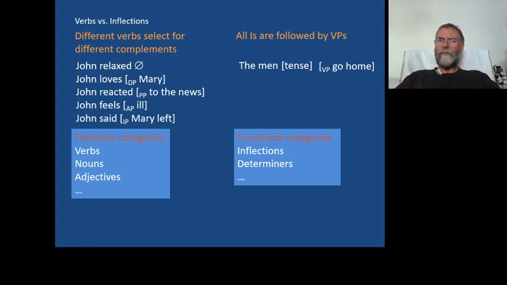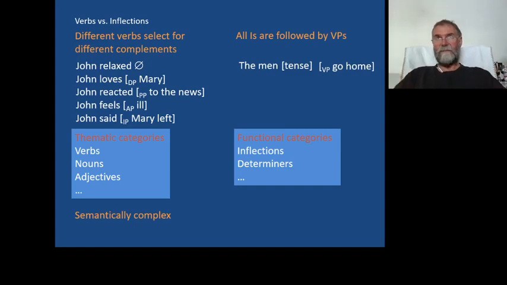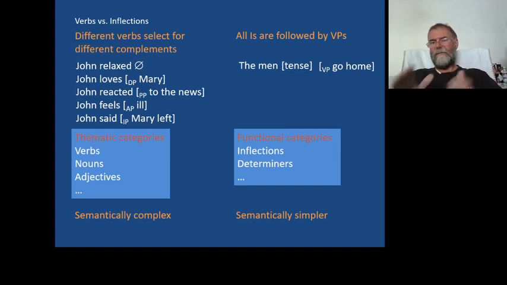It's therefore not surprising, given that thematic categories tend to be rather semantically complex because they carry this contentful meaning of sentences, that they need to have various kinds of complements in order to be able to express the meanings that they have. Whereas functional categories tend to be semantically much more simple and are particularly restricted to being associated with a particular kind of thing.